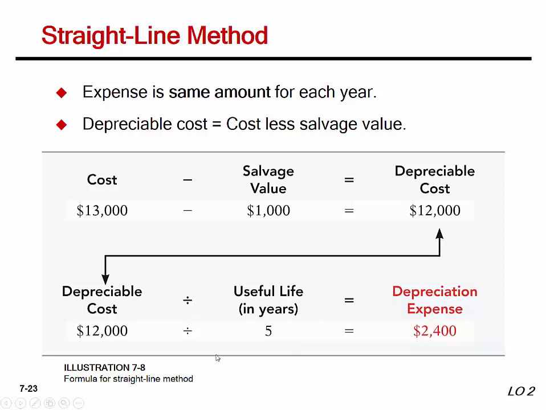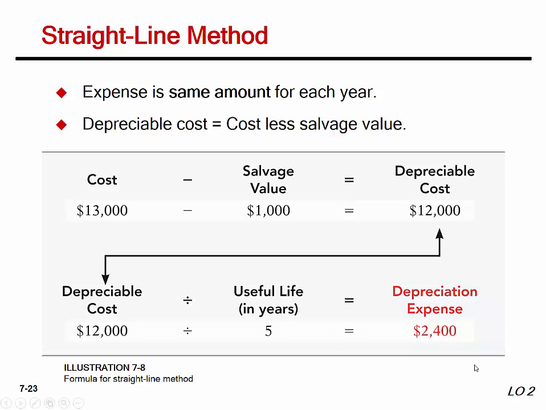On this particular asset, we were told its useful life was 5 years. If we divide that into the depreciable cost, we get $2,400 that's going to be spread across a year. Okay, so $2,400 for the year is going to go to depreciation expense. Likewise, $2,400 is also for the year going to go to the accumulated depreciation account.